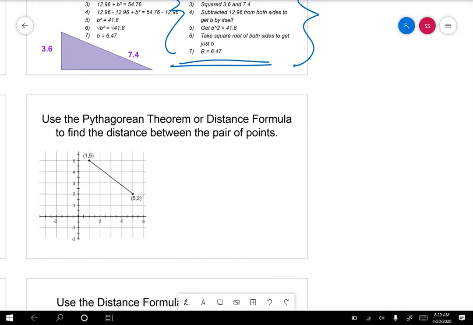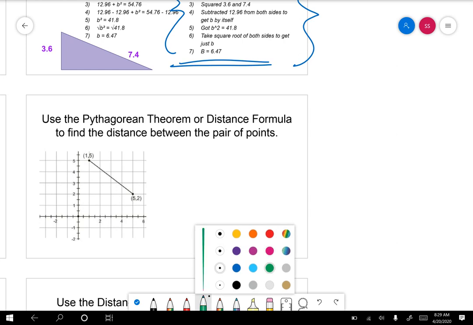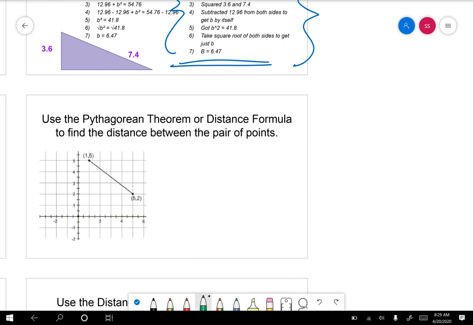Let's say we're given 2 points on a graph and we want to find the distance between that pair of points. Okay, let's use green. So we want to find this length right here. Now notice I could actually draw a line there and draw a line there and make a right triangle.